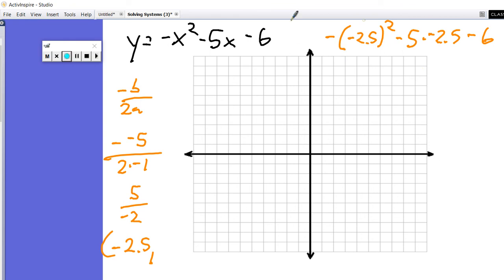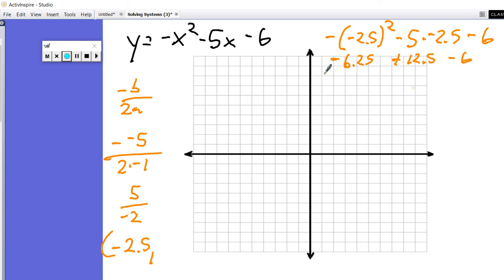Okay, negative 2.5 squared is 6.25. But then there's this negative out here, so it ends up being negative. When I squared it, that one became positive, but I have a negative out front. When I multiply this together, 5 times 2.5 is 12.5, so a negative and a negative is a positive, so plus 12.5 minus 6.